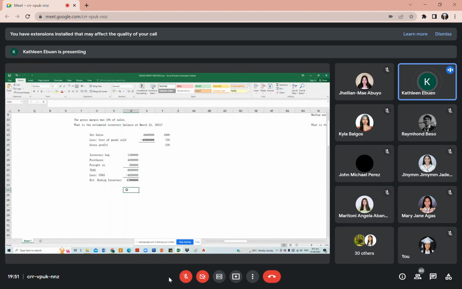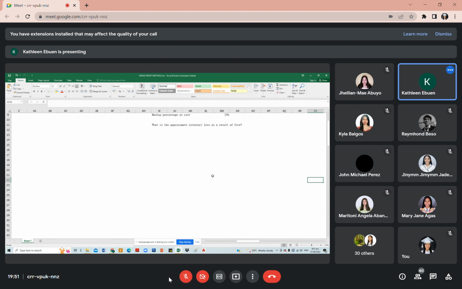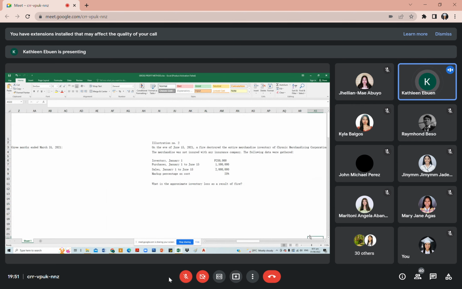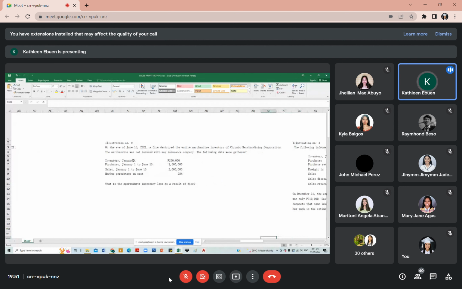So again, with inventory estimation, we estimate how much the unsold inventory stock is. Meaning that is the estimated ending inventory. The second illustration, class. On the eve of June 15, 2021, a fire destroyed the entire merchandise inventory of Chronic Merchandising Corporation. So all of Chronic Merchandising's inventory was burned. The merchandise was not insured with any insurance.